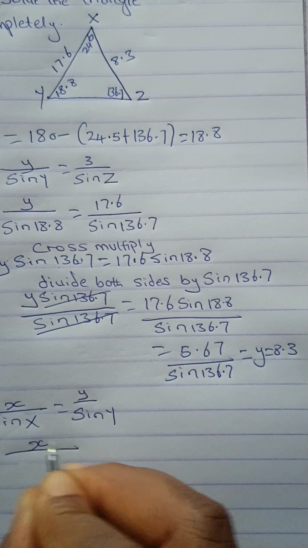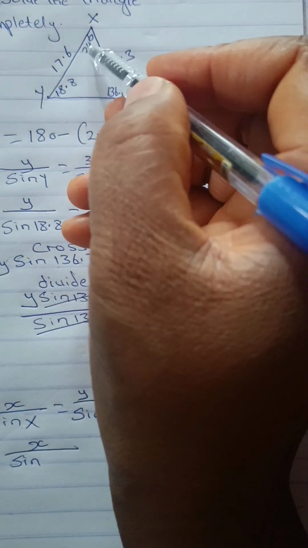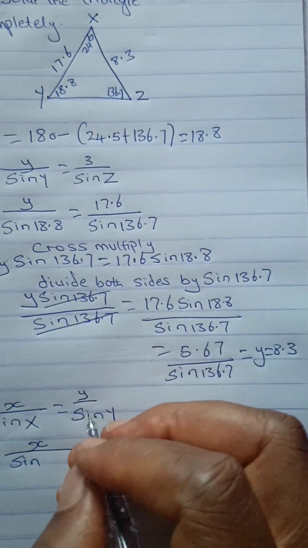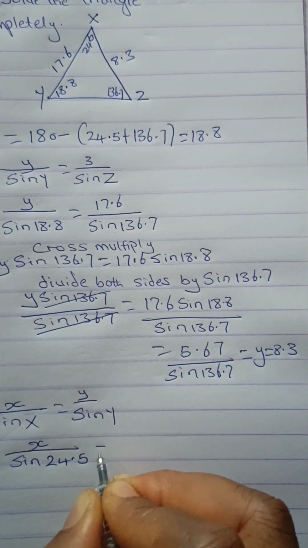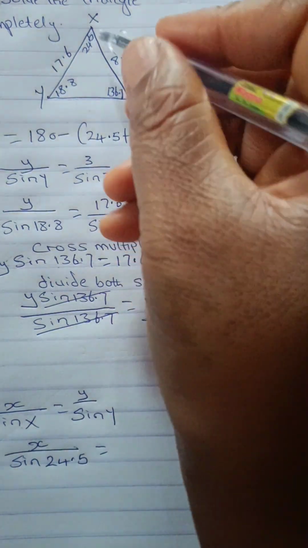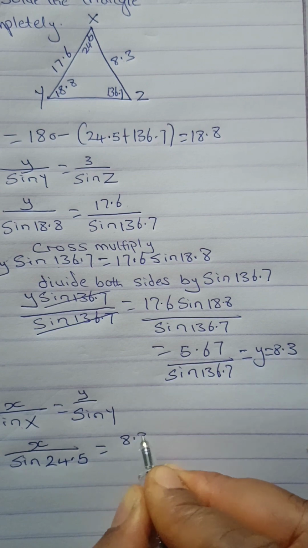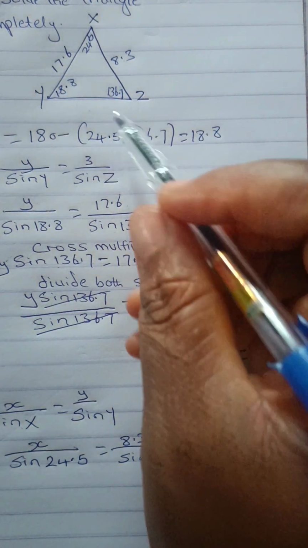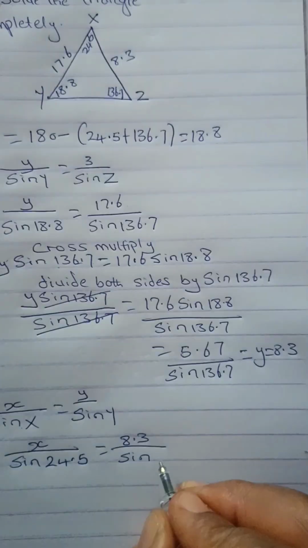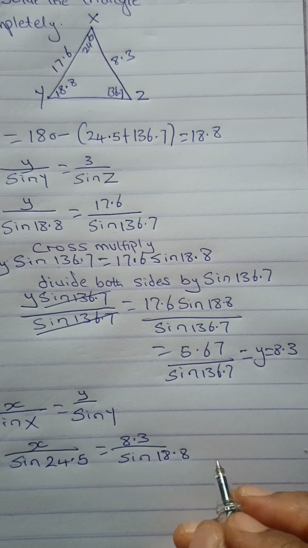So x over the big X sine, the big X is 24.5, equal to the small y, 8.3, over sine, the big Y is 18.8.